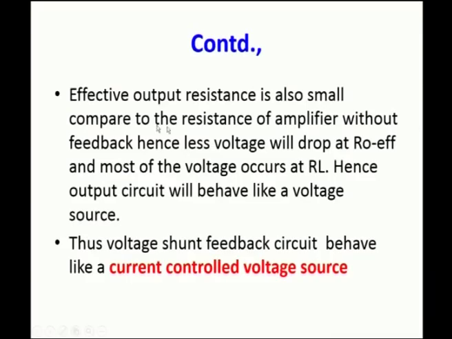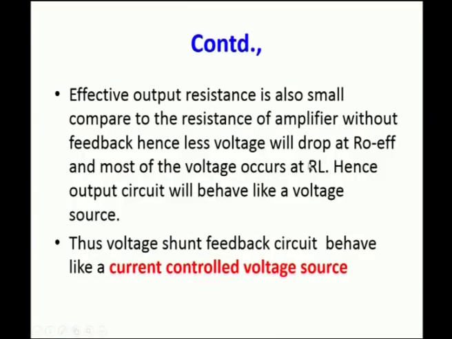If we have input resistance low, the effective output resistance is also small compared to the output resistance of the amplifier without feedback. So, if the output resistance is small, then less voltage drop will be there at the effective output resistance, and most of the voltage occurs at the load resistance. So, the output circuit will behave like a voltage source.